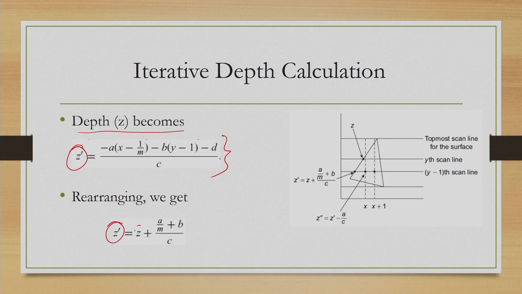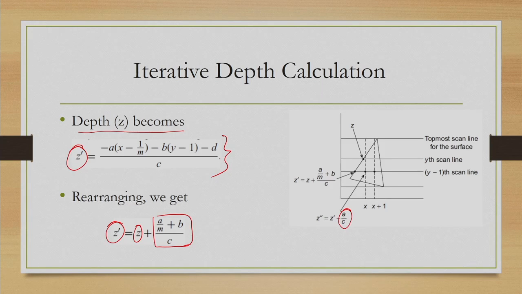This new depth in terms of the previous depth and a constant term. So, again we see that across scan lines we can compute depth at the edges by adding a constant term to the previous depth, and then along scan line we can continue by subtracting a constant term from the previous depth.